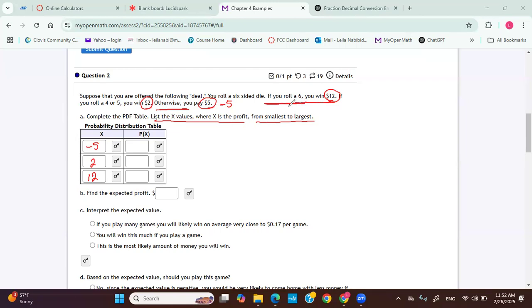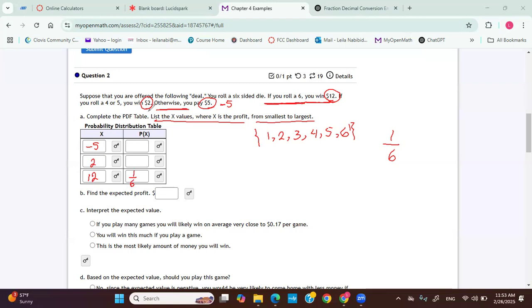When you roll a 6-sided die, the sample space is all the numbers from 1 to 6. So you have a chance of getting 1, 2, 3, 4, 5, or 6. To find the probability of rolling a 6, you see how many 6s we have in this sample space. It's just 1 over 6. So the probability of winning $12 is 1 over 6.